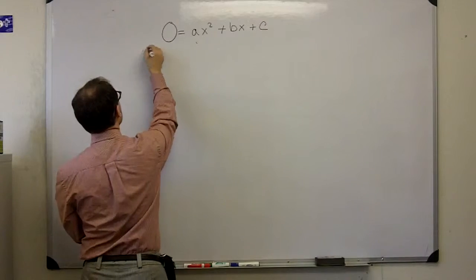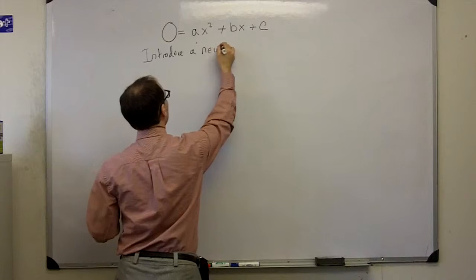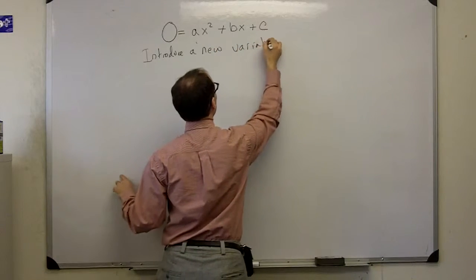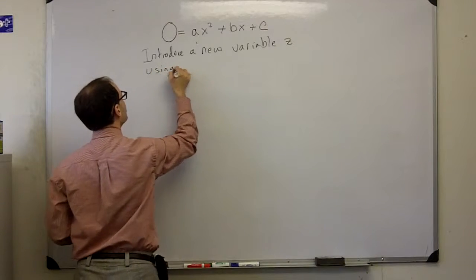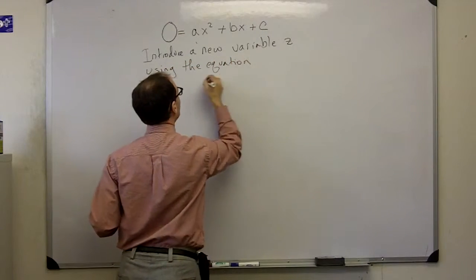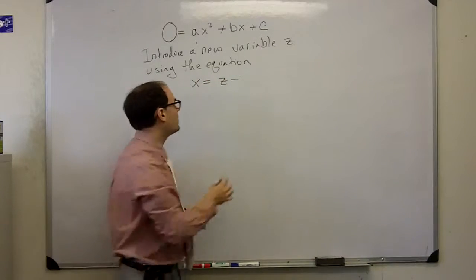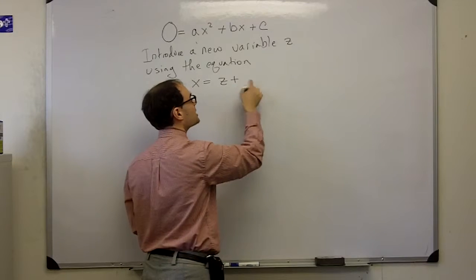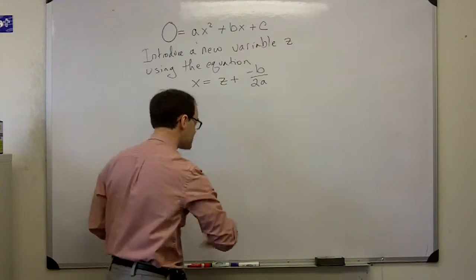So introduce a new variable, z, using the equation x is z plus, where's the axis? It's negative b over 2a. So remember, this is the axis of symmetry.